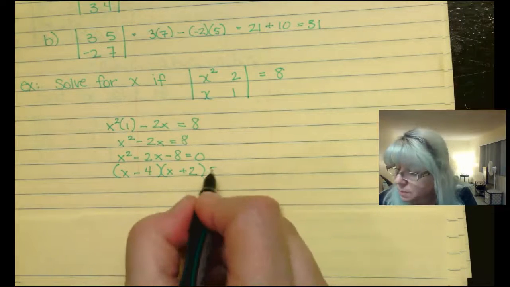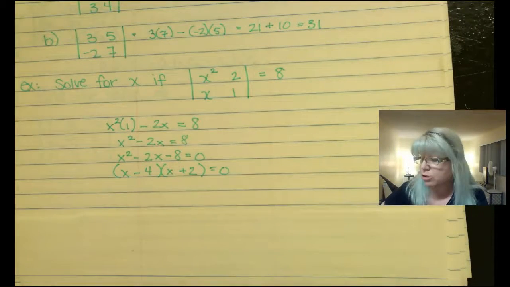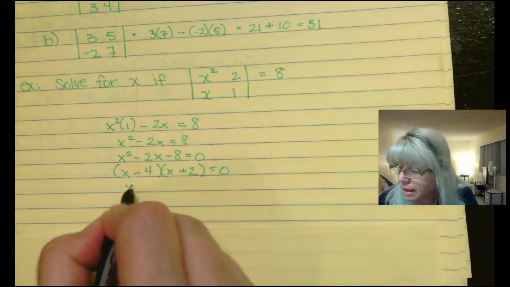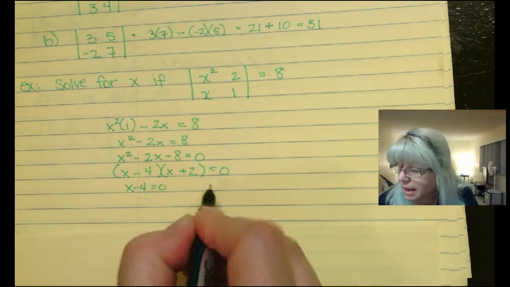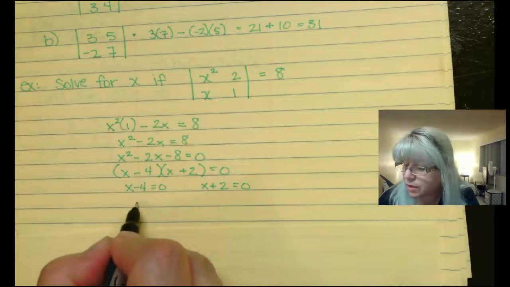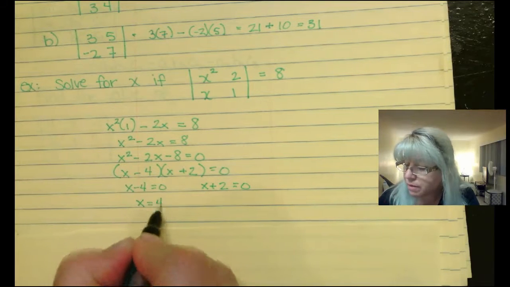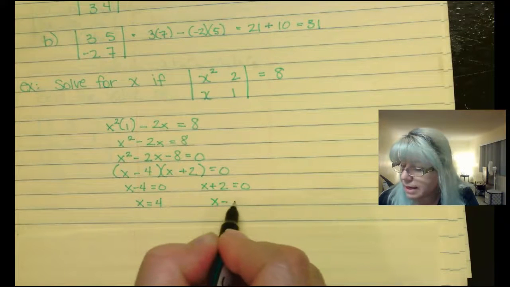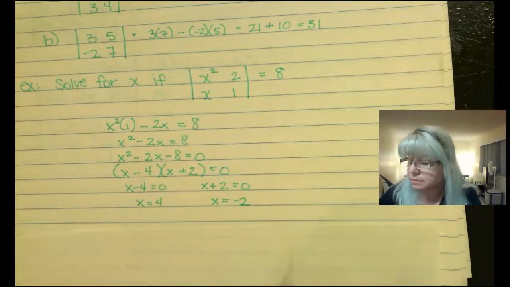Now I'm going to set both of these factors up using my zero factor property. x minus 4 will equal 0, and x plus 2 will equal 0. Therefore, my x value is either 4 or negative 2.